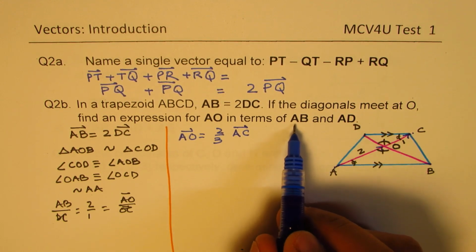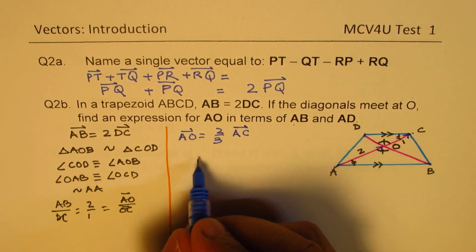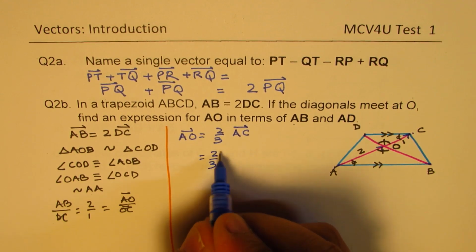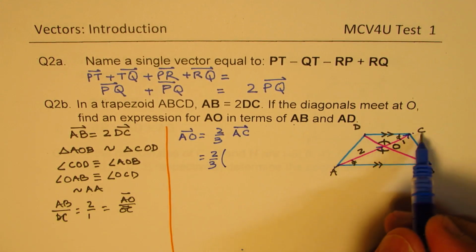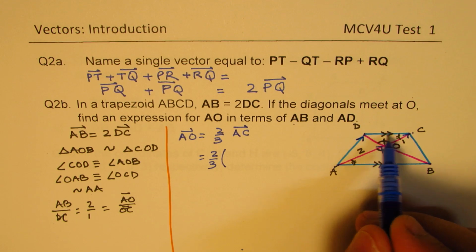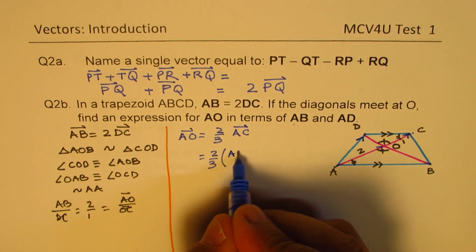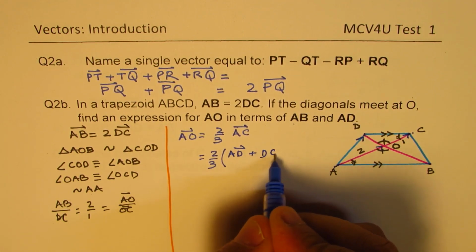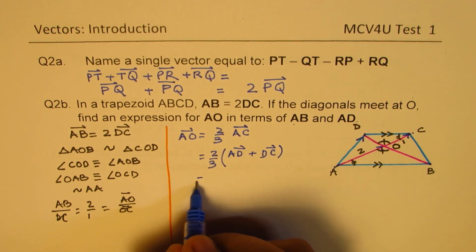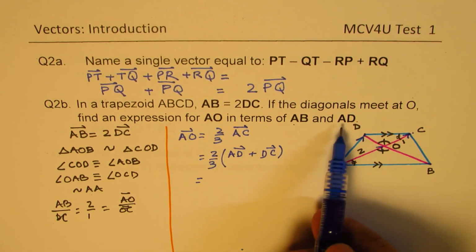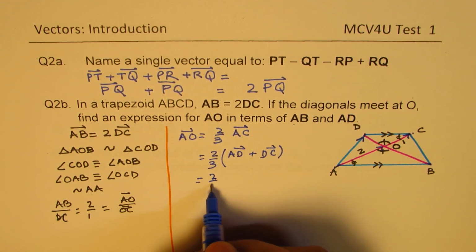Since we have to write in terms of AB and AD, we'll write this as 2 over 3 times AC is AD plus DC. So we have AD in our expression.